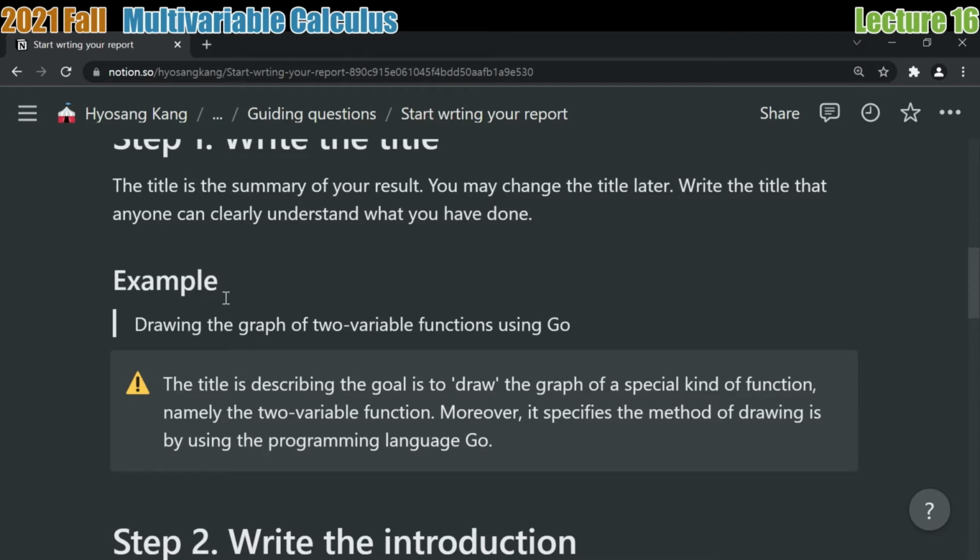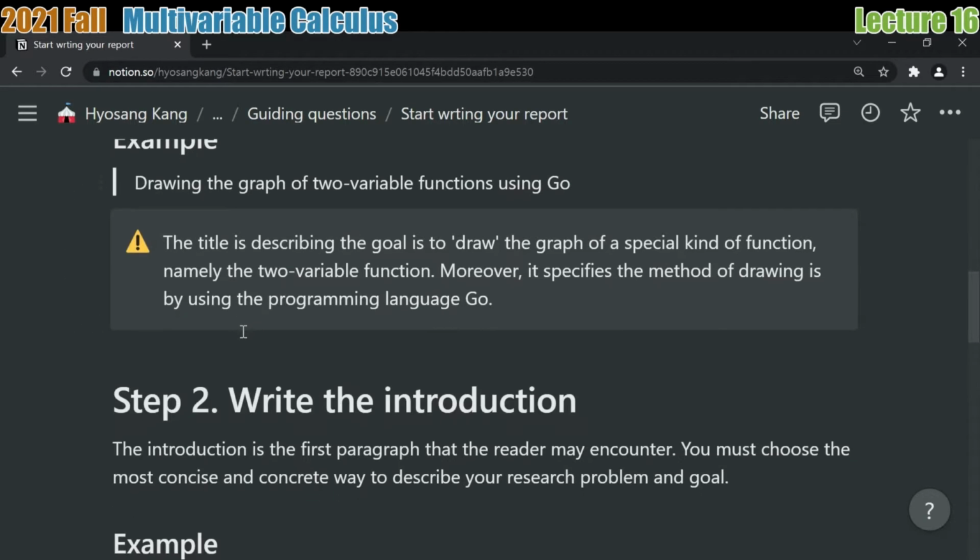I'm saying general two variable functions, without specifying the formula. So I'm trying to find a general way to present the graph of two variable functions in Go programming.